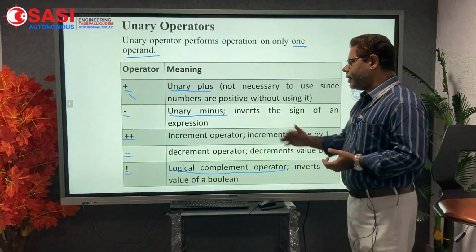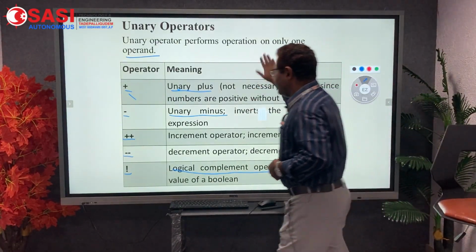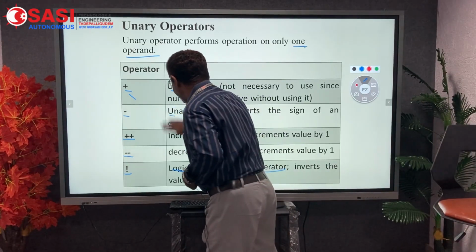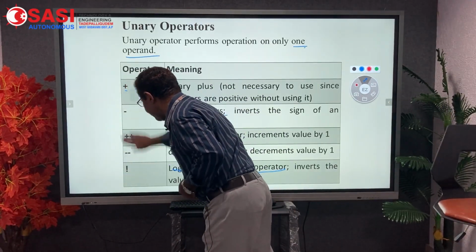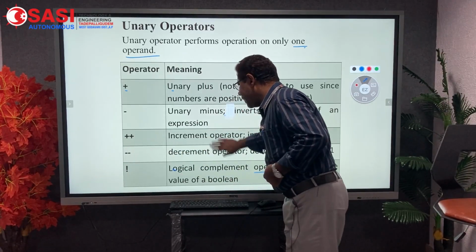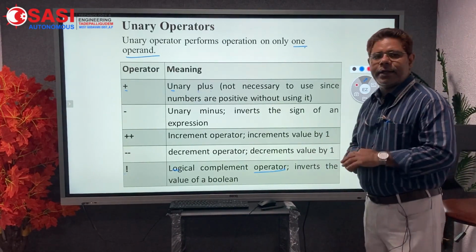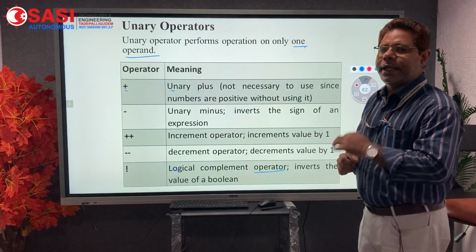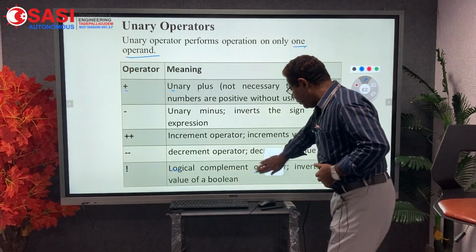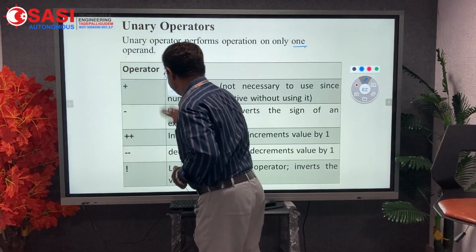For example, consider the increment operators. The increment operators have two types: pre-increment and post-increment. Similarly, the decrement operators also have two types, the post-decrement operator as well as the pre-decrement operator. Now we can see one example for these unary operators.